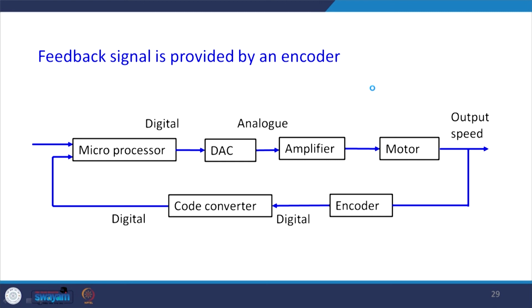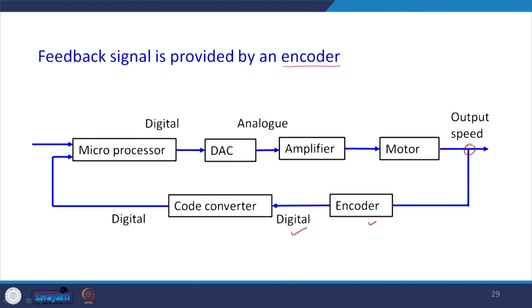Then we could also have the feedback signal provided by an encoder. So, in that case what is done is that there is a connection of the output shaft with the encoder shaft. So, this encoder gives you the digital signal.